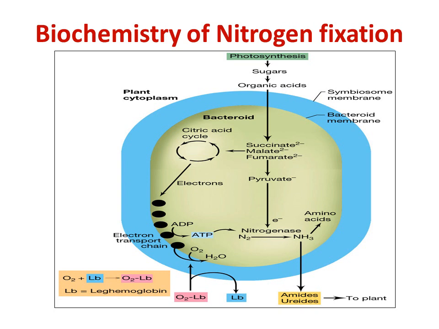So let us study how this ammonia production happens in detail. As we all know, the rhizobium, once they enter inside the host cell, become bacteroids.